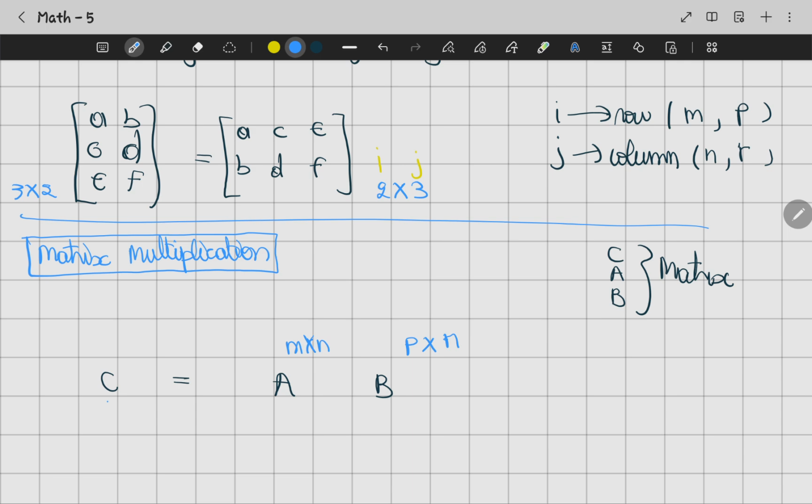And what you should know is the answer to this will be based on m times r, that is what we're going to have as size.